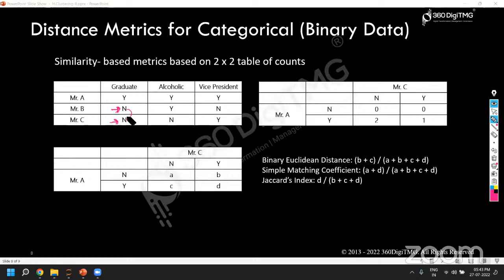You may think that they are similar, right? But one could be undergraduate, the other could be postgraduate. Just because they are not graduate does not mean they are the same. Isn't it? So that is the similarity measure. We are simply ignoring that value because we lack information.